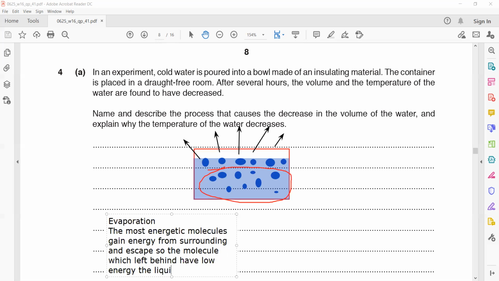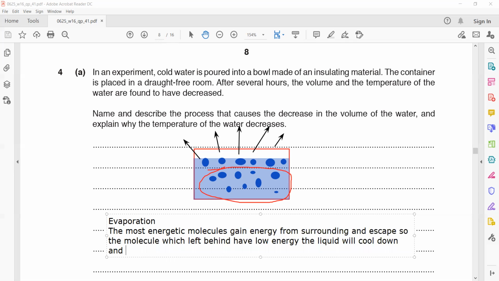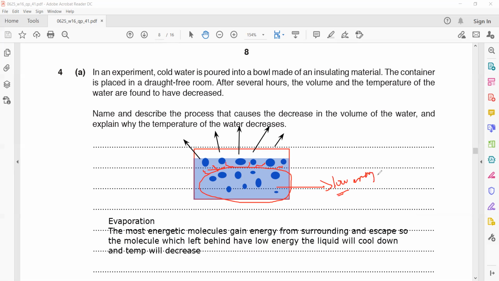The liquid will cool down, or we also say the temperature will decrease. These molecules present at the surface take energy from their neighbors, even from outside, and they go out. So the molecules left behind have low energy. That's how evaporation happens, and evaporation is also known as a cooling process.